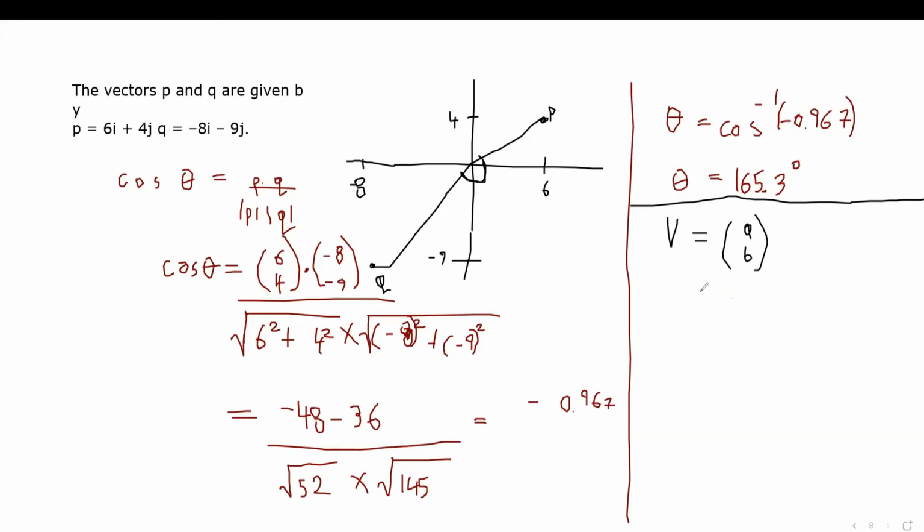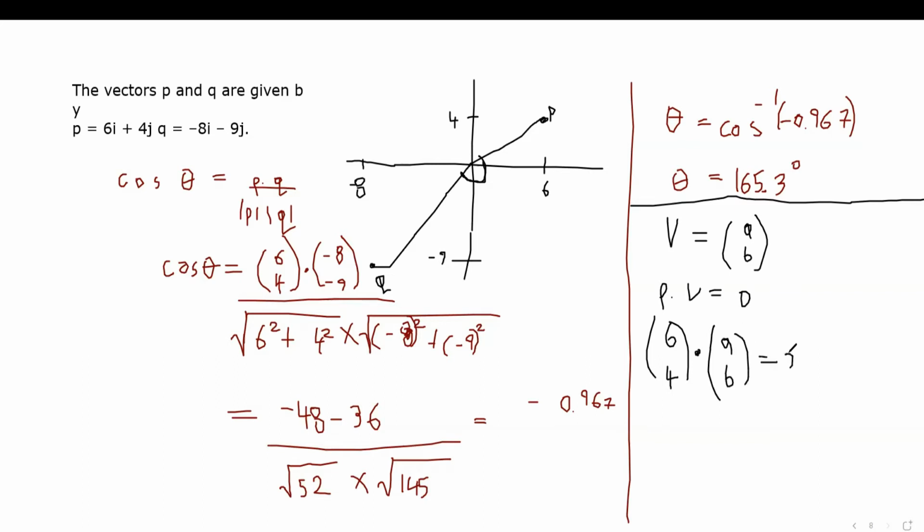If you want p dot v to equal 0, then this is really saying (6, 4) dot (A, B) equals 0. That's the only way the dot product will be 0.